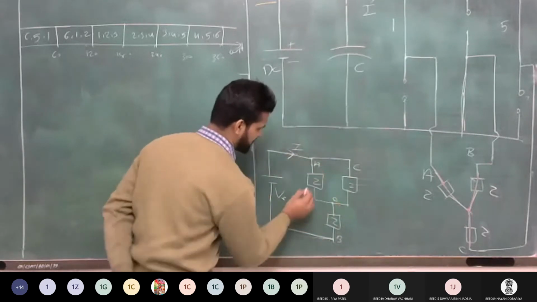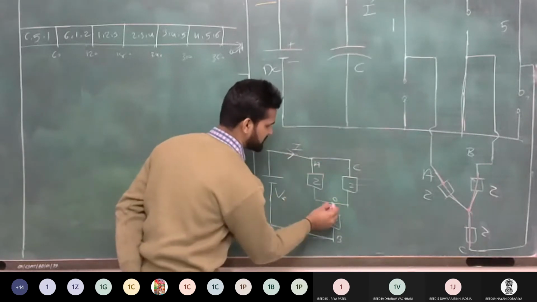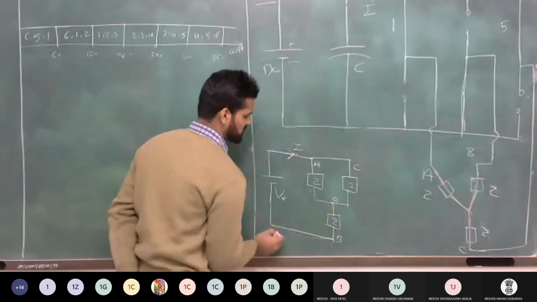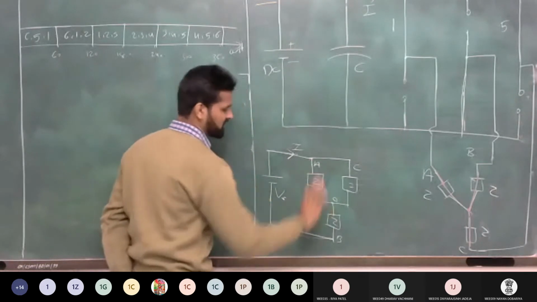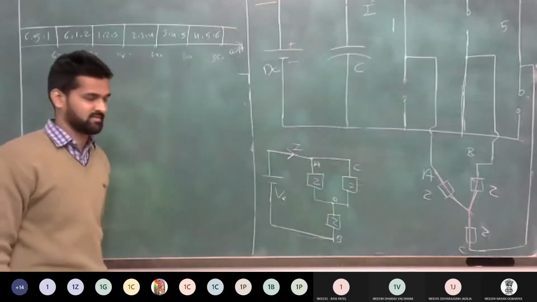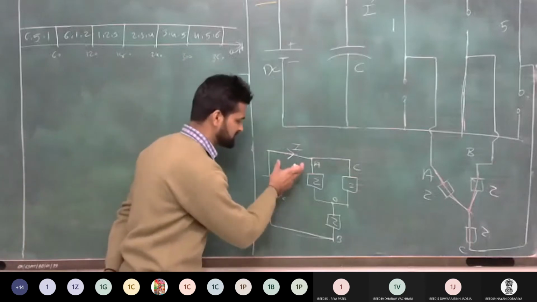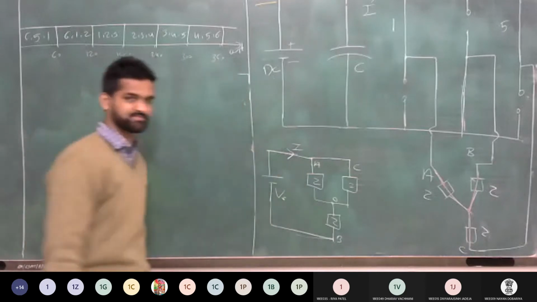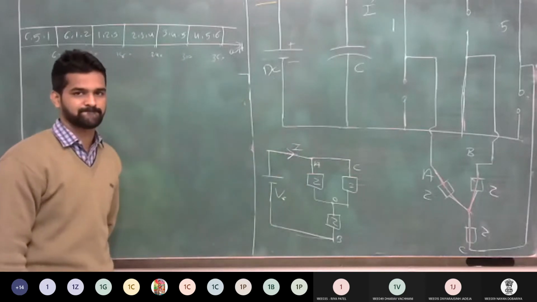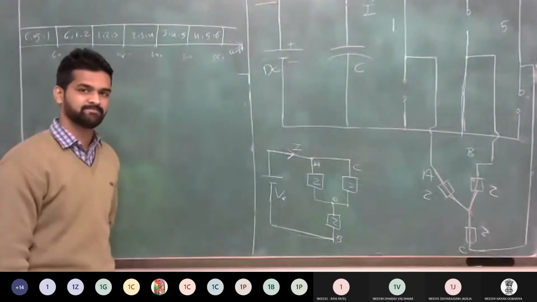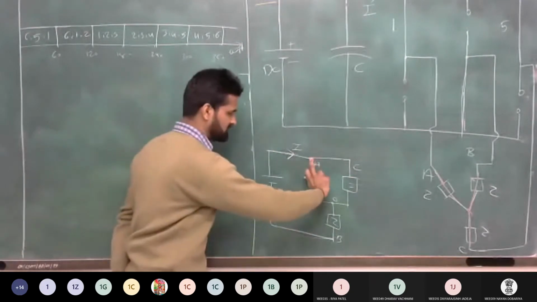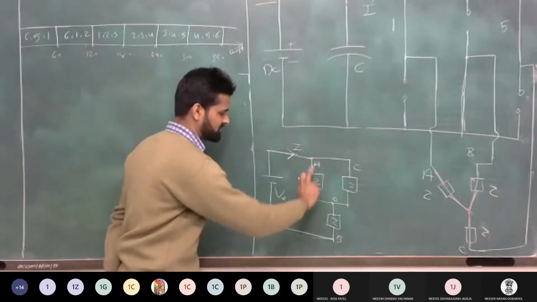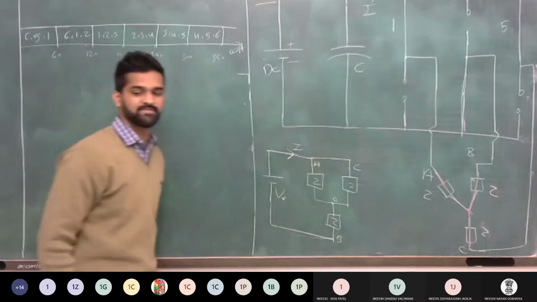If I measure the voltage across A and the neutral point, how much voltage do I get? Supply voltage is Vs, supply current is I. How much voltage is there between A and the neutral terminal?